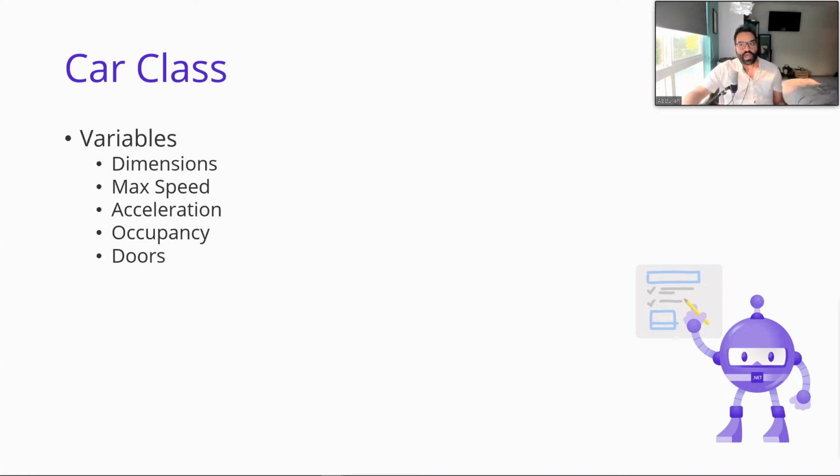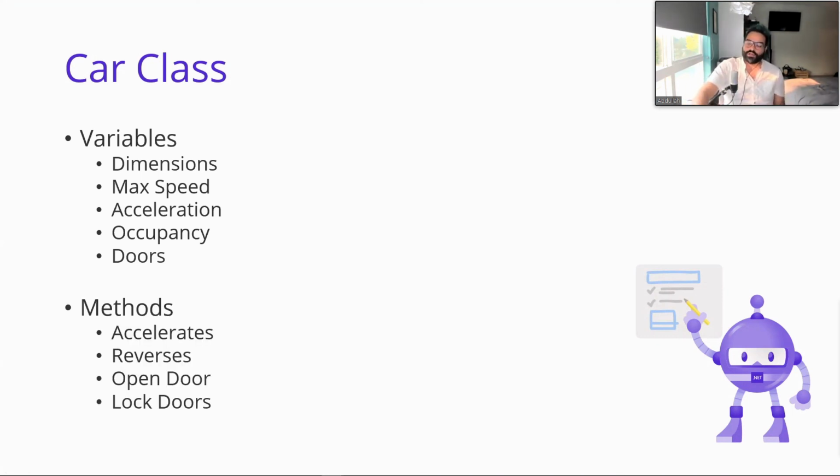So these describe the car. But also, there are different methods, actions that a car can do. A car can accelerate, can reverse, can unlock doors, can lock doors. And these are different actions that a car can take.